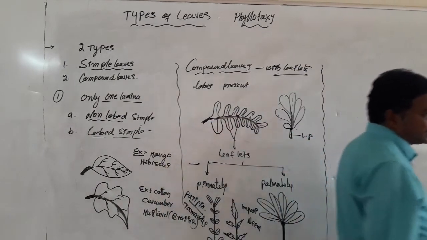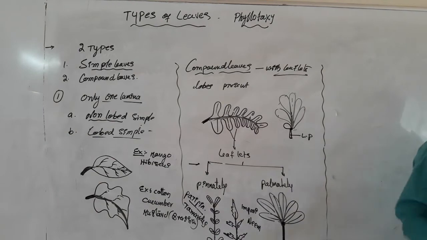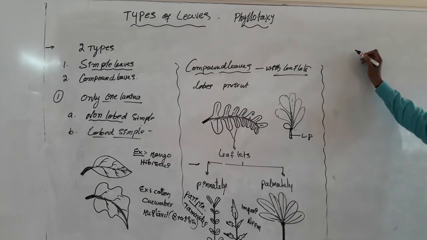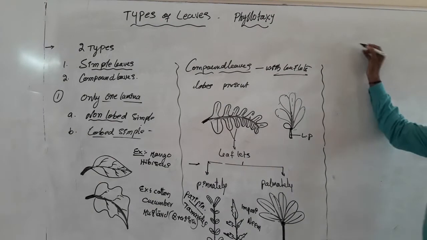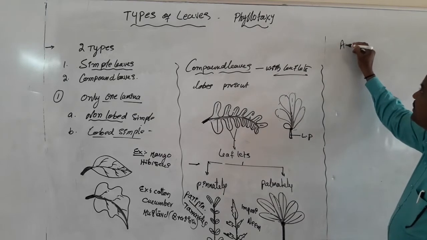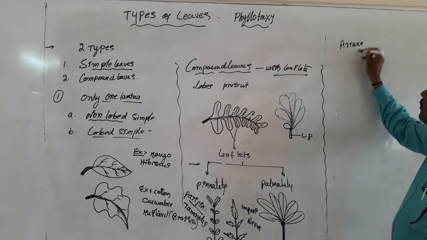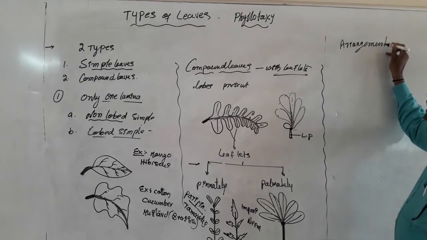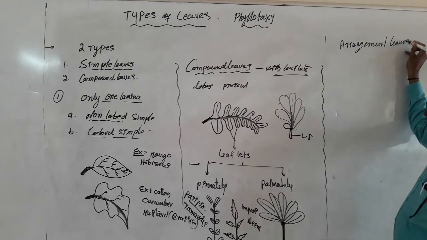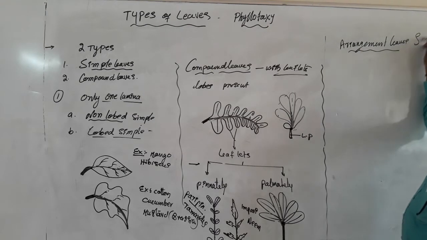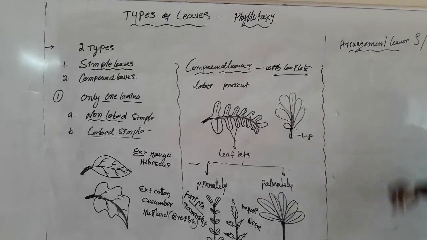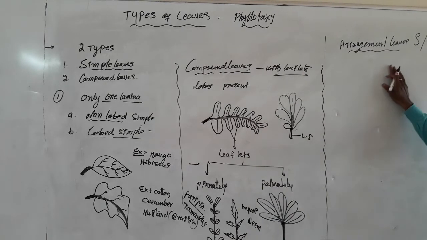Taxis is equal to arrangement. Phyllo means leaves, taxis means arrangement. The mode of arrangement of leaves on the stem or the branch is called phyllotaxy.